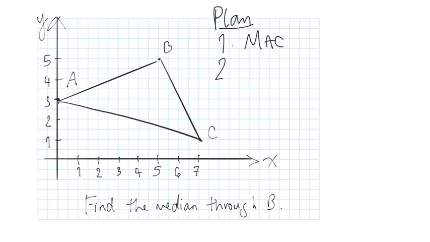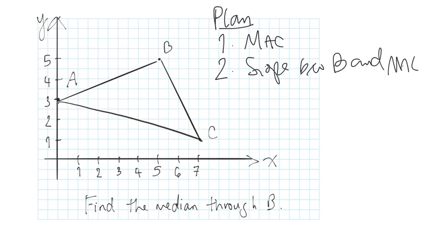The second thing I'm going to do, I'm going to find the slope between B and that midpoint. Okay, so I need to find the slope between B and M_AC.